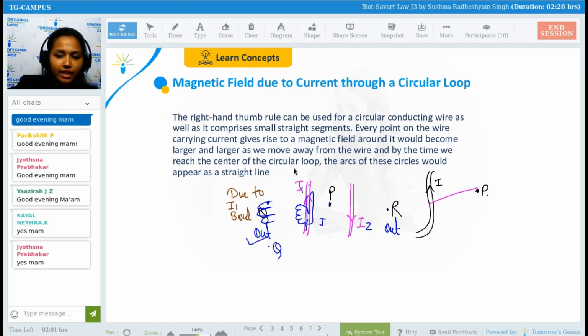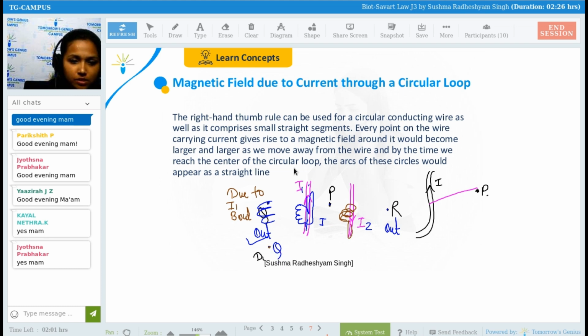If you put your finger here, you write your curl finger like this and your other fingers like this. Am I right? So in this direction, your Q point experiences, due to I2, a magnetic field that is inward. Am I right? Clear this point first of all, students?